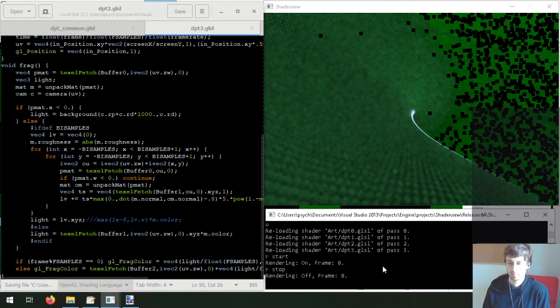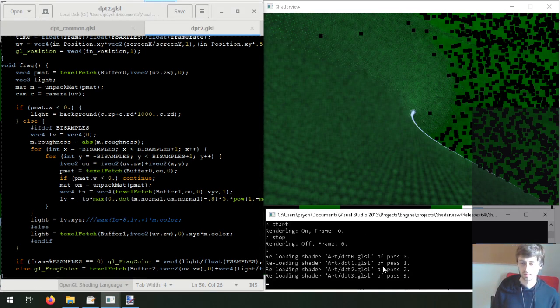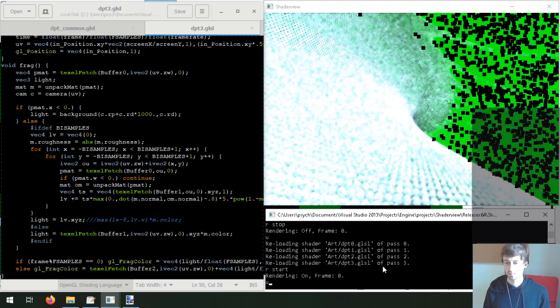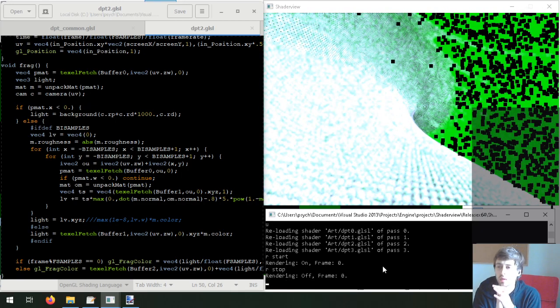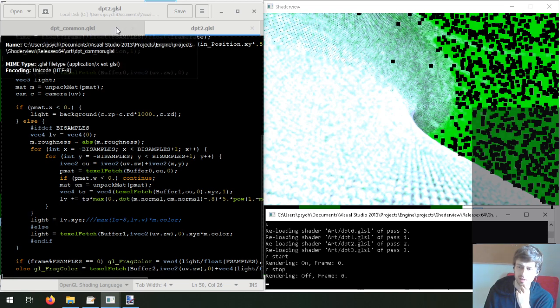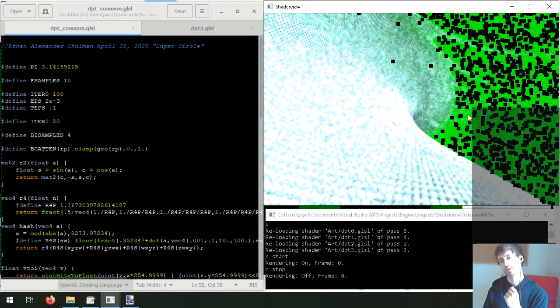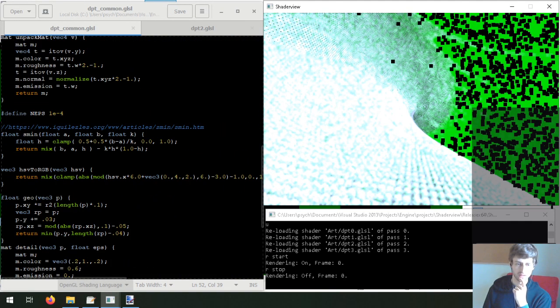Try taking away parts of it. Is that an overflow? Is that infinity? It's really hard to tell. You can see it's going to complete green there.